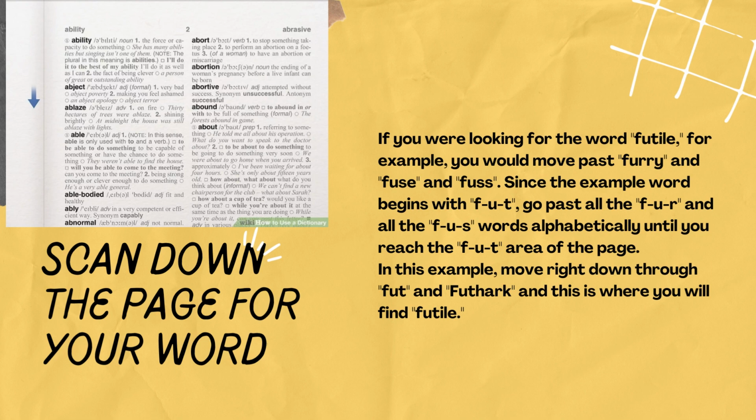You're not going to read every single word. You're going to read only what you need to find, the first three letters. In this example, you move right down through foot and futhark. And this is where you will find futile. Okay?